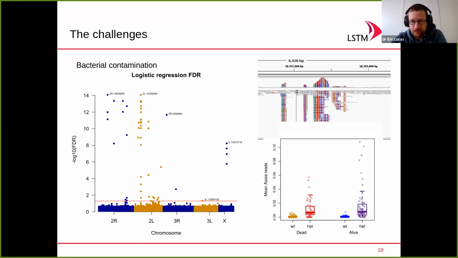We used a metagenomics pipeline to calculate what proportion of reads in the sample came from Asaia. If we compared the samples that were wild type at these loci to the ones that were heterozygote, both amongst the dead and amongst the alive samples, the heterozygote samples had much, much higher levels of Asaia reads in them.